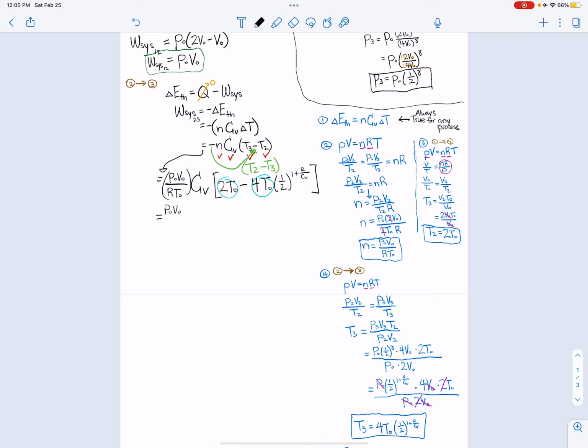So that is equal to P naught V naught over R T naught times molar heat capacity for constant volume times 2 T naught. And then that would just be 1 minus 2 times 1/2 to the power of 1 plus R over CV, right?